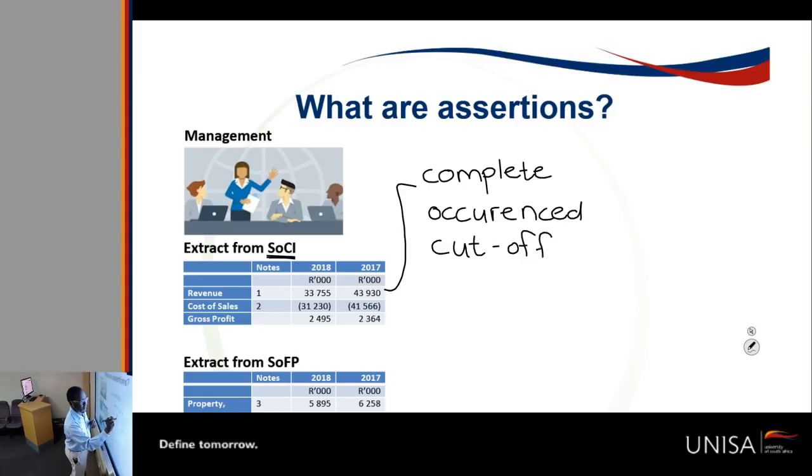They are saying that those amounts relating to revenue are in fact revenue and not other income or anything else, and that's called classification.